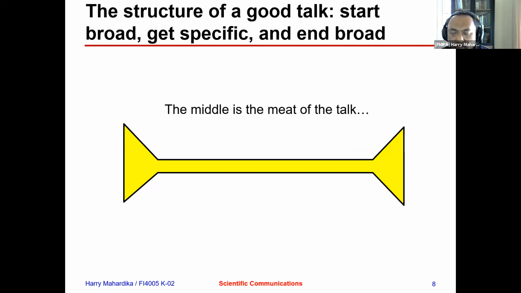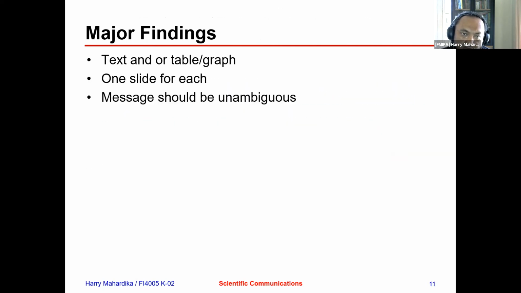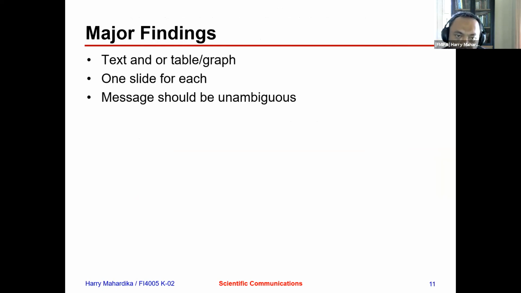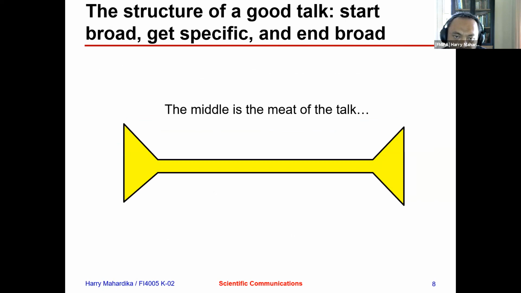And then the end is basically to tell the audience whether the question that you posed in the beginning is solved or not, or whether the problem is tackled using this method or not. That is the end part of the presentation.